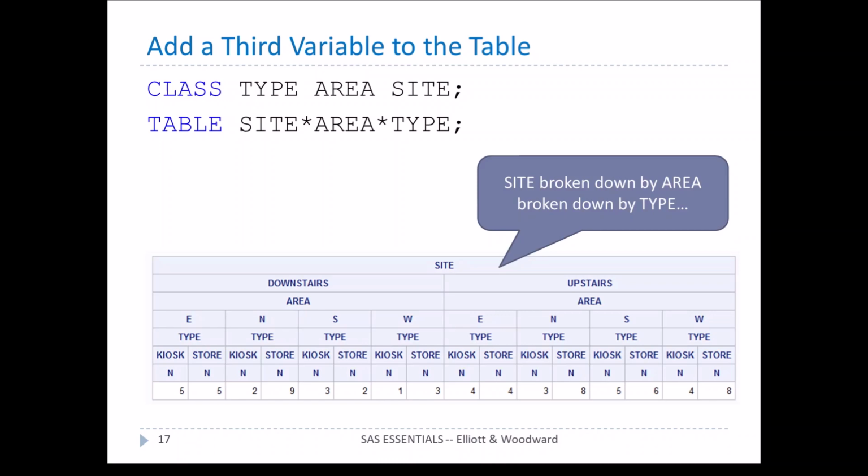Site is the first variable listed in the table, so that appears at the very top. The site is either downstairs or upstairs, and then area. Area is east, north, south, west, and then the type, and the type is kiosk and store. That was a very busy table, but nevertheless, you can see how we can build layers and layers upon tables to get the counts that we want.